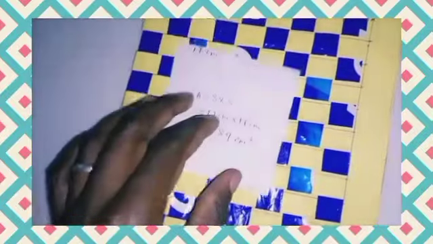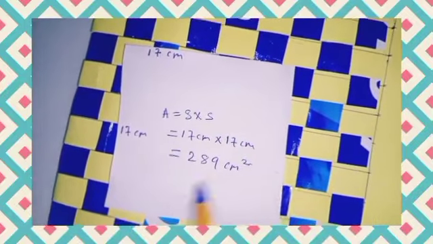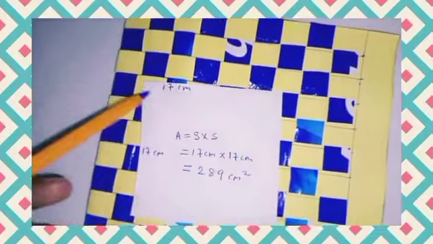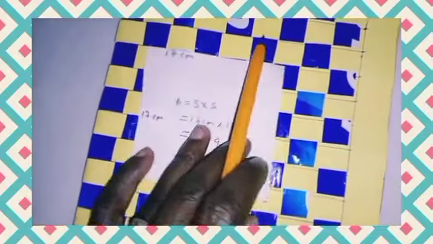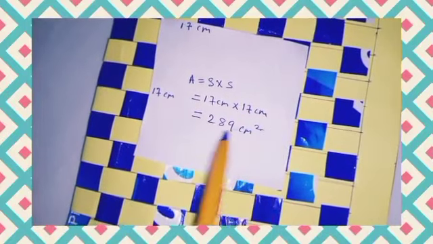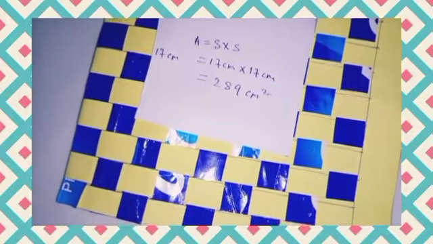Once you get your side, you obtain your answer the way you have obtained here. Each of these sides is 17 centimeter by 17 centimeter, so you multiply them, 17 centimeter times 17 centimeter, to get 289 square centimeter.